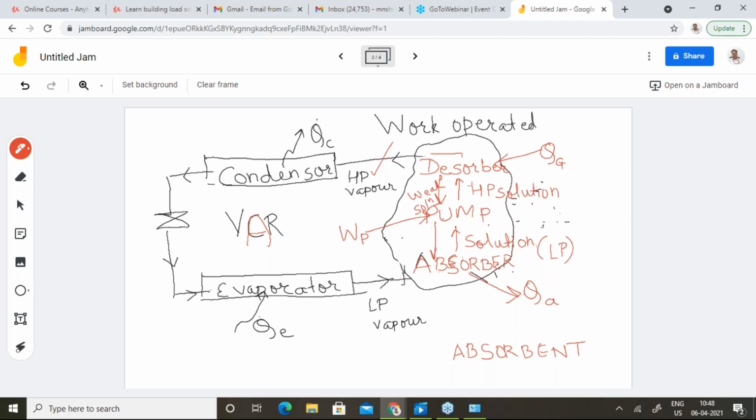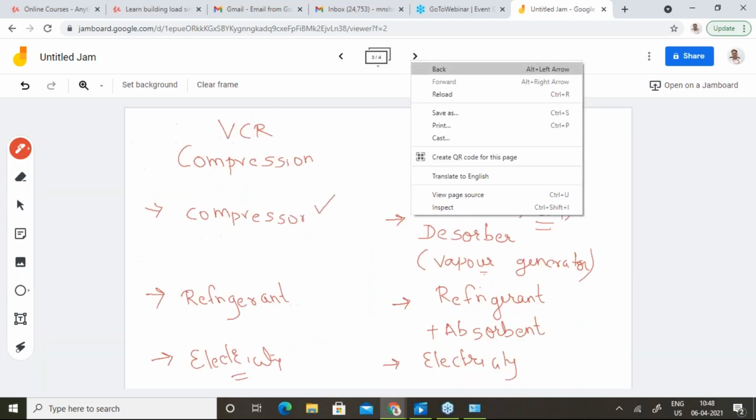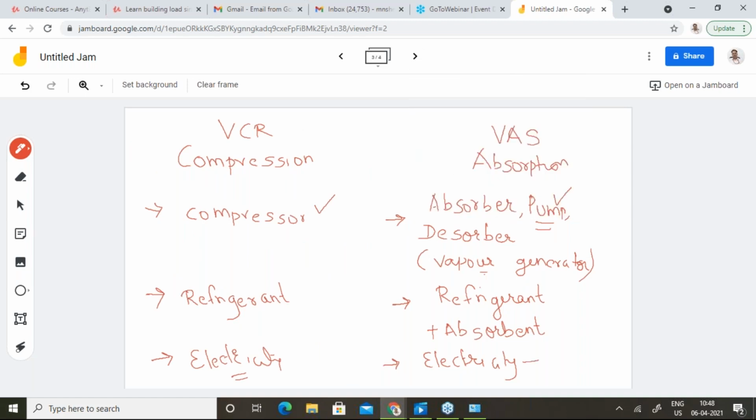So in addition to the work, along with the electricity, we also require the heat input to this machine. Now one might wonder, what is the advantage then of this vapor absorption system?